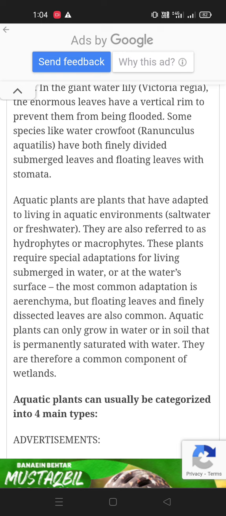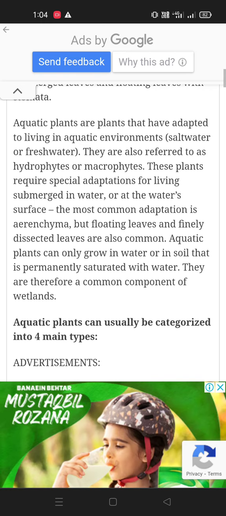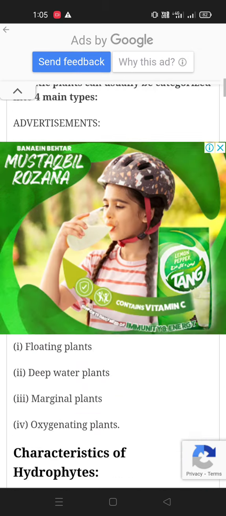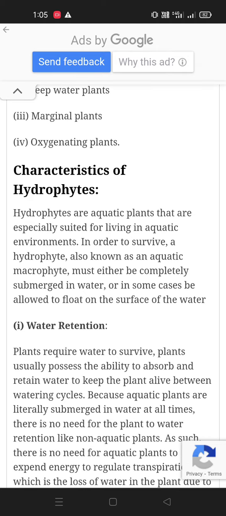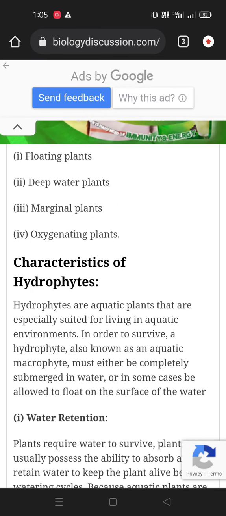Aquatic plants can only grow in water or in soil that is permanently saturated with water. They are therefore a common component of wetlands. You can see some characteristics here: floating plants, deep water plants, marginal plants, and oxygenating plants.